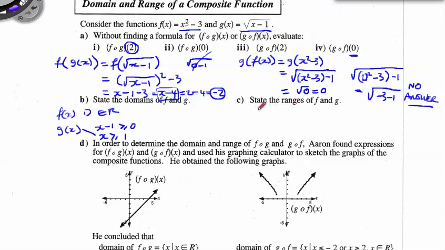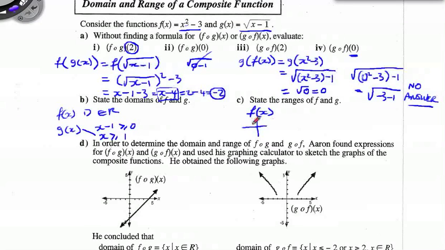Here it asks for the ranges. So for f of x, looking at this, well, this is a parabola. You can graph it with your graphing calculator. What it does is it will look like this.